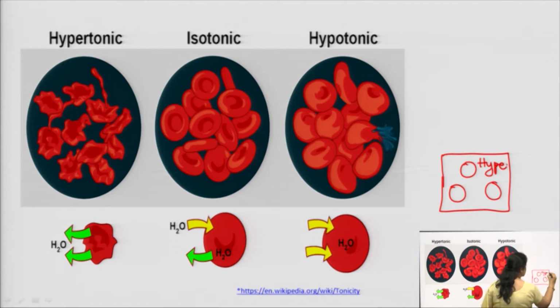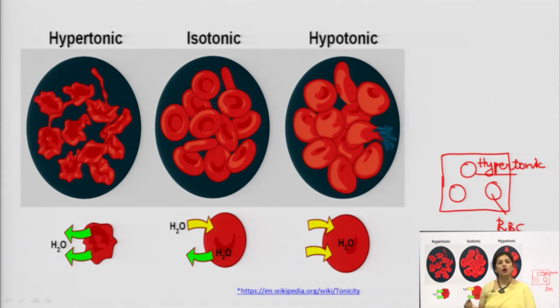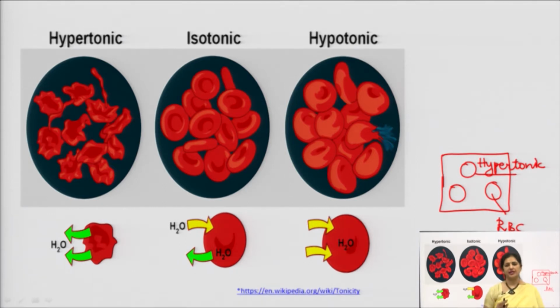This solution is hypertonic, in which there exists the red blood cells. Hypertonic, hyper means high, means the salt is higher, means the solvent is lesser in comparison to the cell. I am going to repeat again. We have suspended the red blood cells in a hypertonic solution.